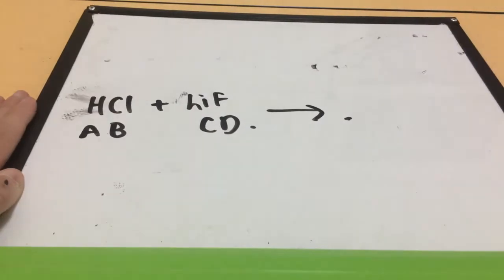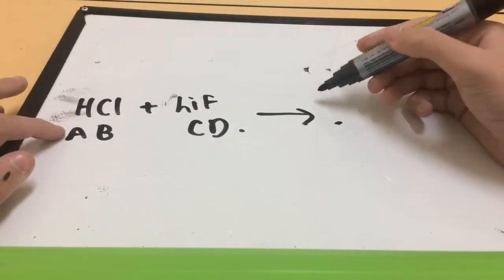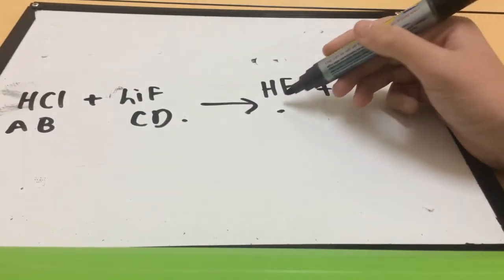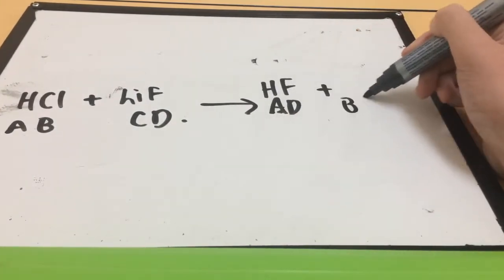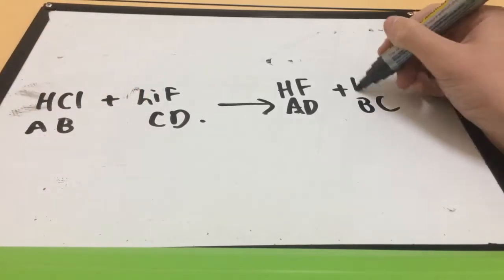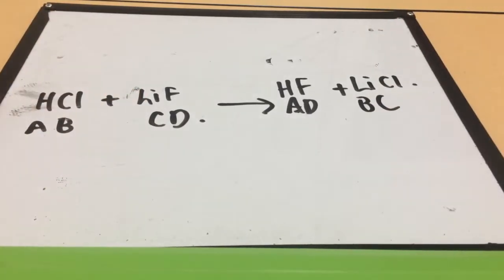This one might be a much easier one for you guys to do. So AD, hydrofluoric acid, that is AD. And now BC, we're going to get B and C, lithium chloride. That's it. That is literally how easy that is.